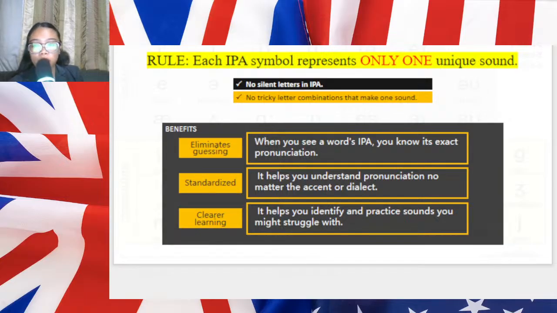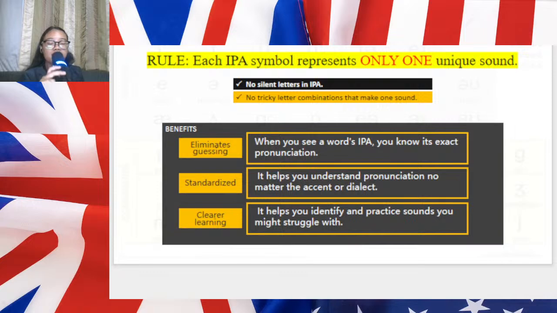Now, there are also no tricky letter combinations that make one sound. The SH sound, that's a consonant cluster, right? S and H, but it sounds "sh," it makes one sound. There's just one IPA symbol for that sound. You don't have to worry about PH or GH for the F sound. PH and GH are both F sounds, so you're just going to follow the IPA symbol for the F sound.